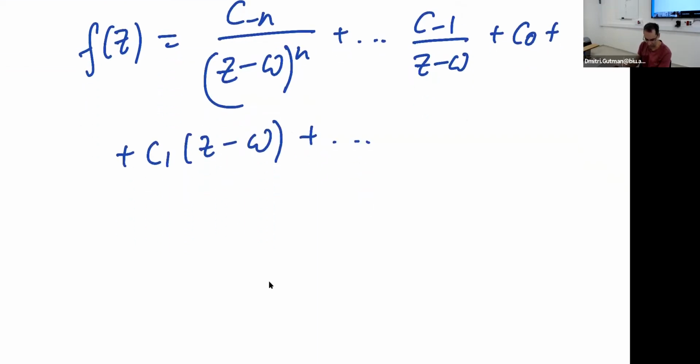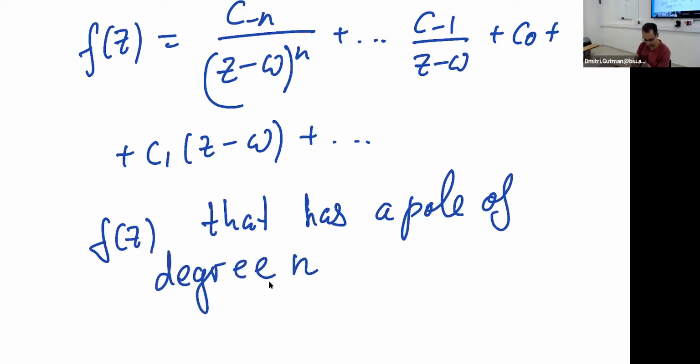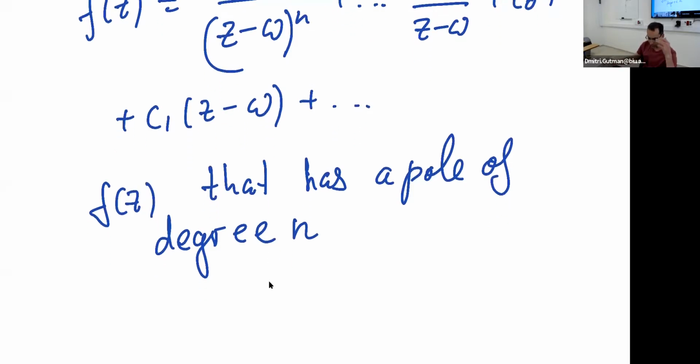So let's consider function f of z that has a pole of degree n. What can we tell about the integral in this case?